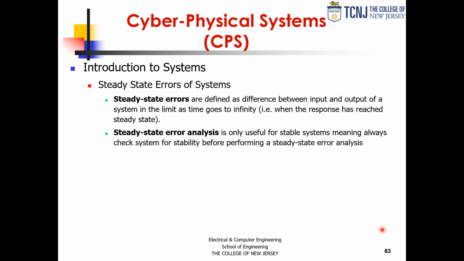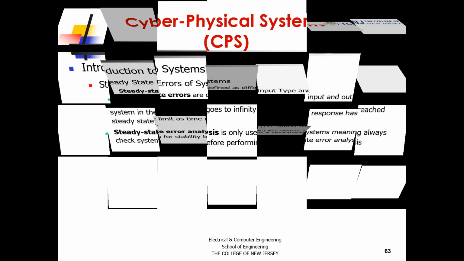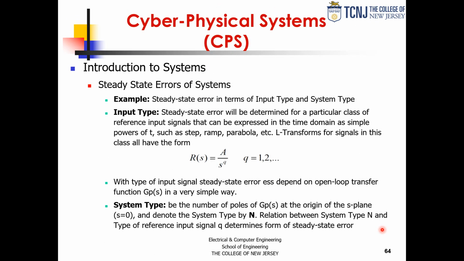It could be zero, it could be a finite quantity, or maybe it just doesn't get there. That depends on the order and the complexity of the system. So that's the type of steady state error analysis that we're talking about, okay?